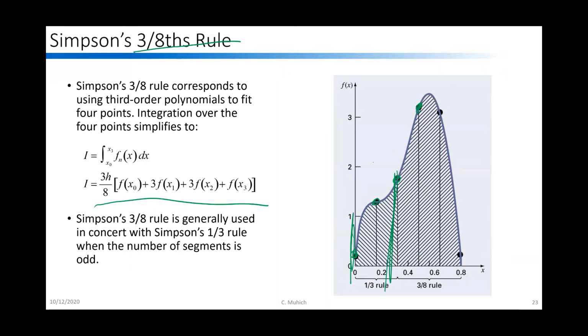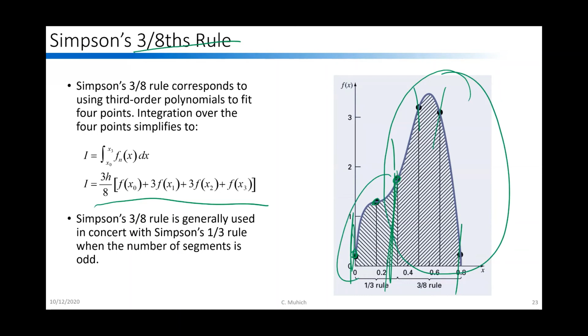Then I can take 4 points, 1, 2, 3, 4, to do Simpson's 3/8 rule on it. So then I get a much better estimate, and I can have a reasonable number of points by filling in the ends with Simpson's 1/3 rule.